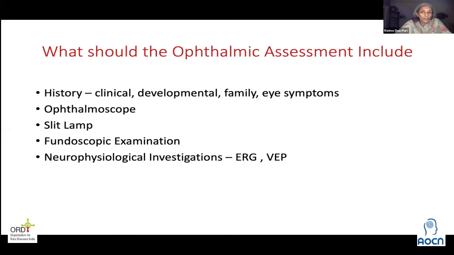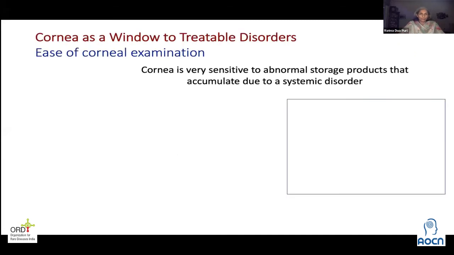So you would not restrict it only to the eye. Use of the ophthalmoscope, whether to see directly or to do a fundoscopic examination. For some things, we know that we require slit lamp examination. And then, of course, you have the neurophysiological investigations of ERG and VEP.